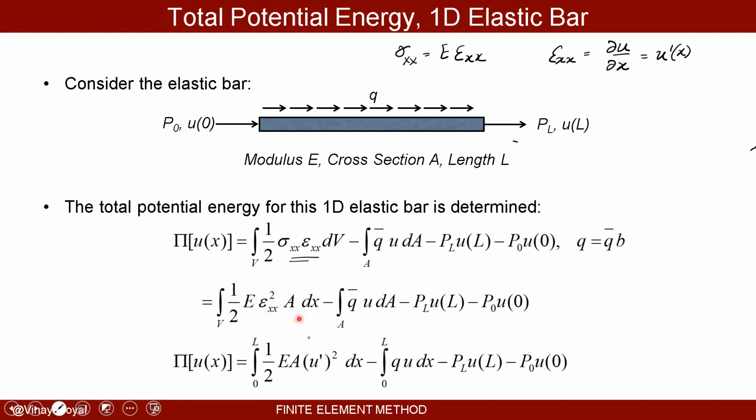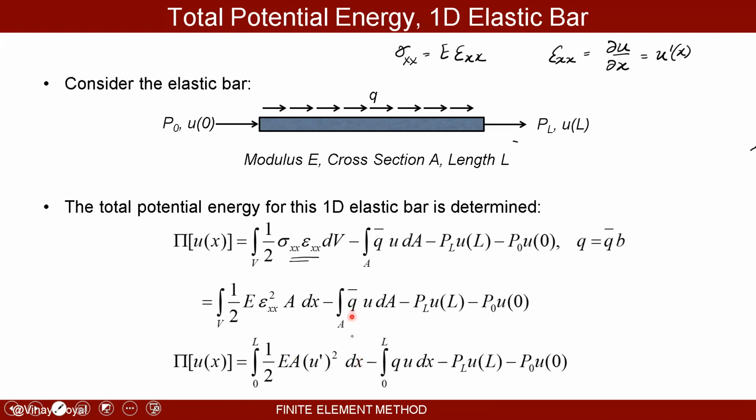As a consequence, E and A could depend on the length, but they don't depend on dy and dz, which is the cross section. Epsilon xx clearly does not depend on y either, or z. So therefore, you get the integral from 0 to L, and this dV, which used to be dA dx, you just get the integral of dA, and that's A, right? So it simplifies to 1/2 EA u prime squared dx.